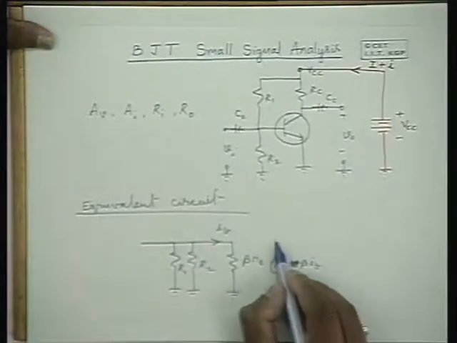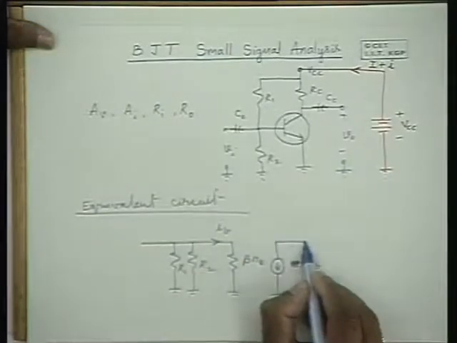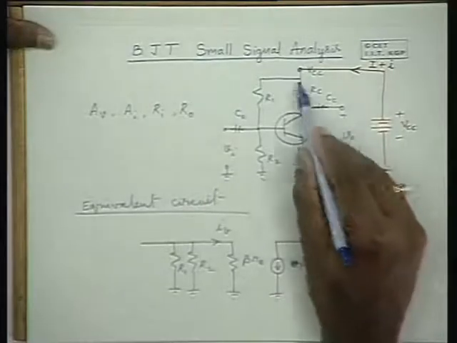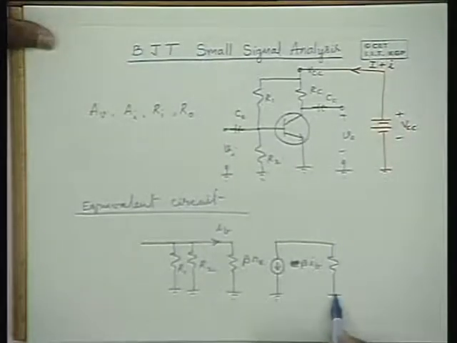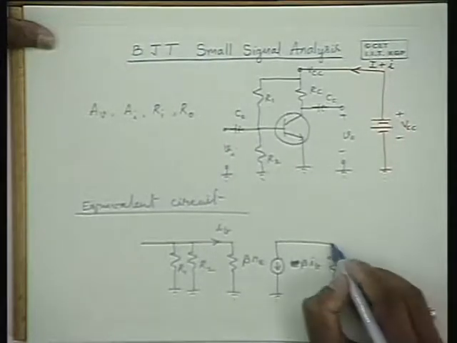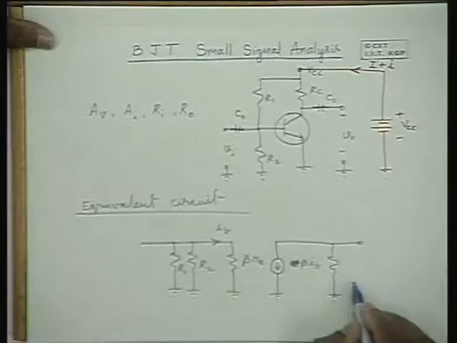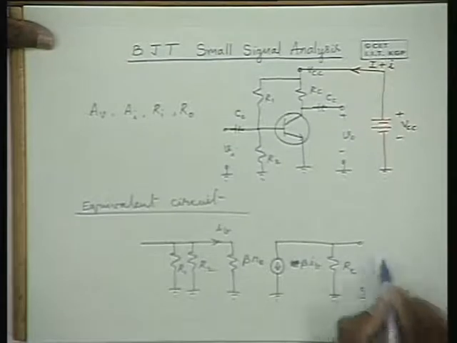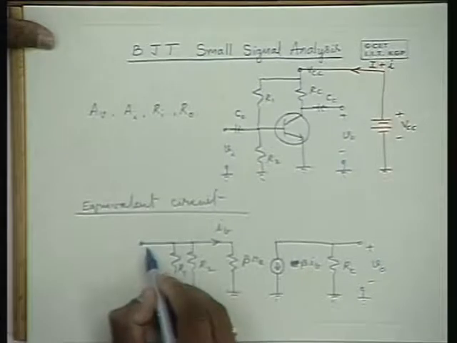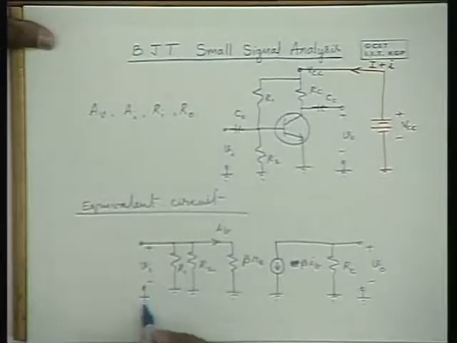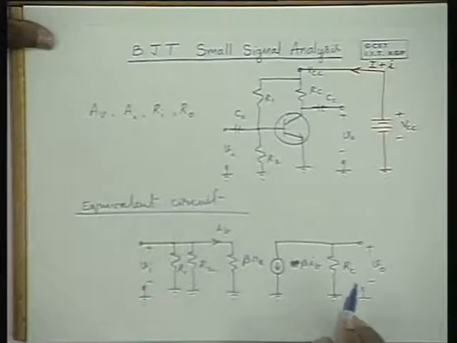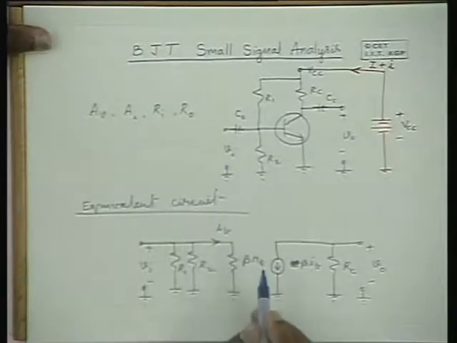And you have RC between the collector point and the ground point. The output voltage is tapped now across the RC effectively. This is the equivalent circuit.